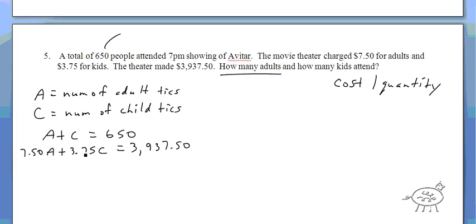Here we go. So again, I'm going to choose to get rid of the C using the elimination method because it's a smaller number, which means I'll get a positive value of A. So I'm going to multiply this by negative 3.75. So I get negative 3.75A minus 3.75C is equal to negative 2437.50.